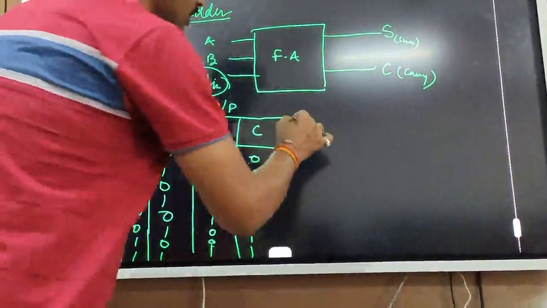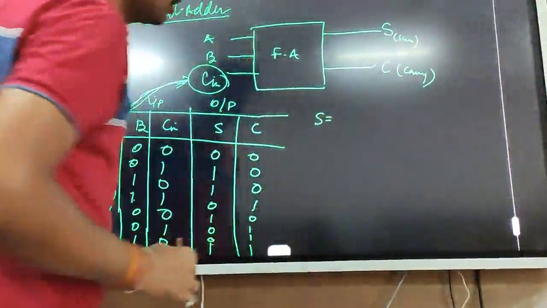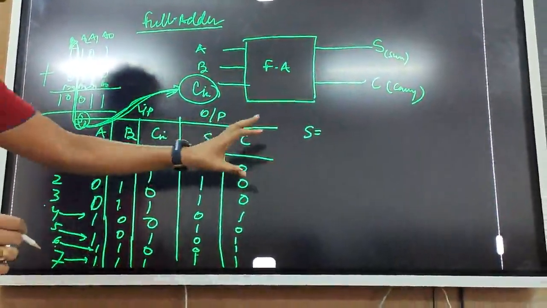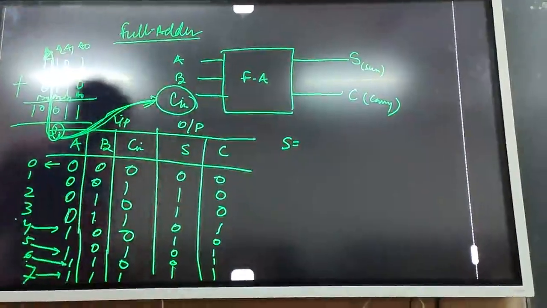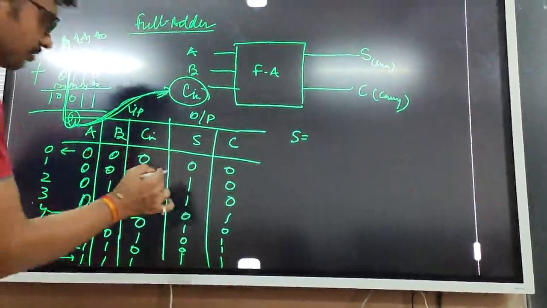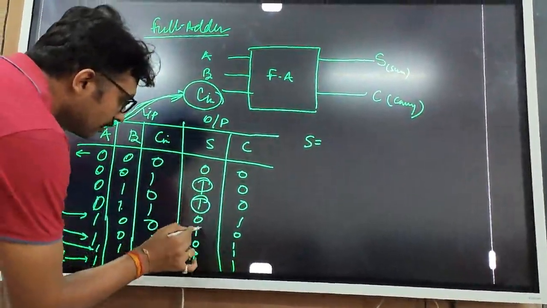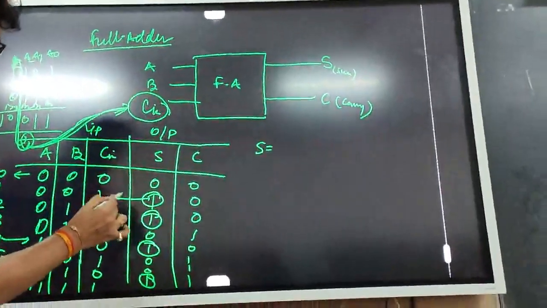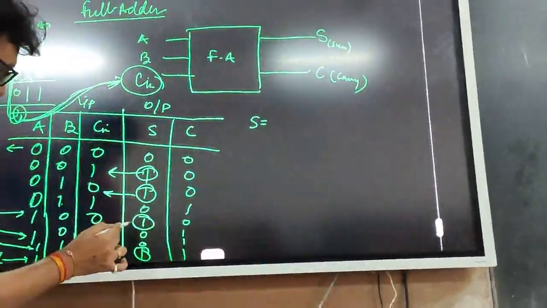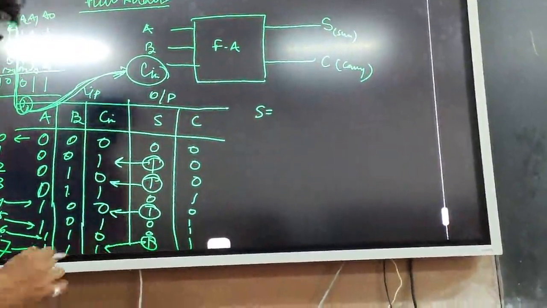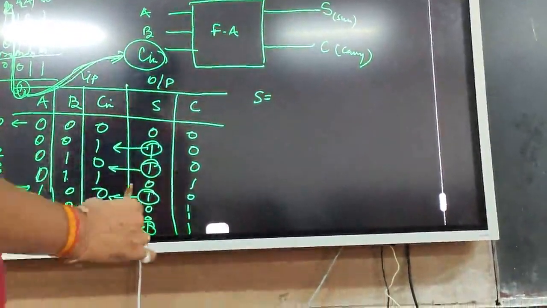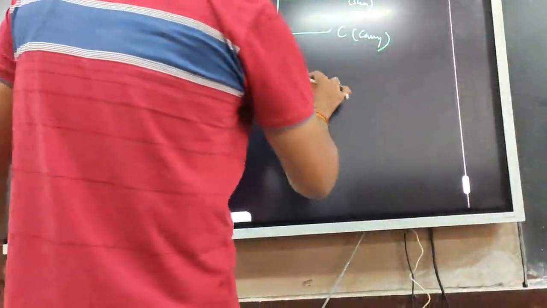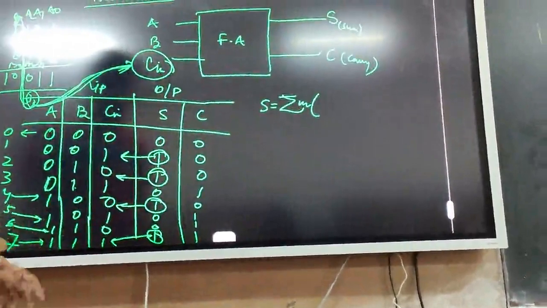So these are the combinations of the truth table. From here we will write the expressions for each output for our design purpose. So for the sum, we have to focus on where the sum output is high, so we have to focus on these input combinations. This can also be written in the form of SOP.